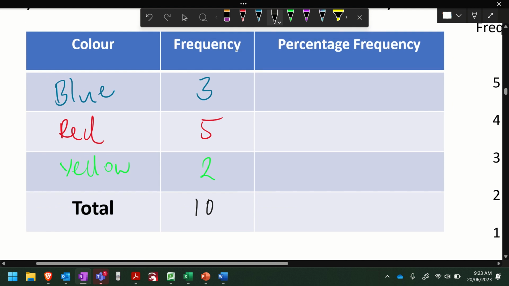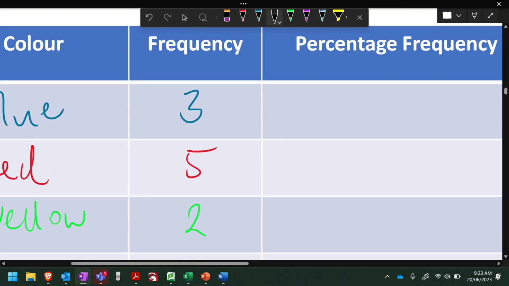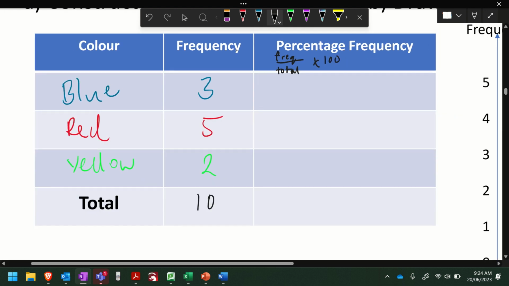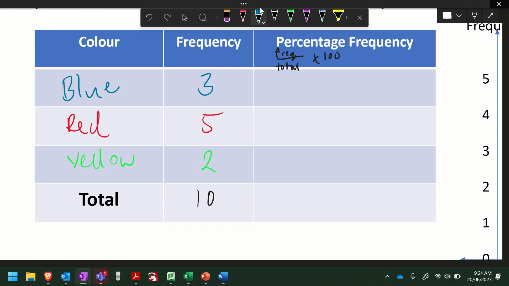Now, with the percentage frequency, you may want to write this as a formula. All you're doing is taking the frequency, and I'll put the formula here for you: the frequency divided by the total, times 100. So that's the formula we're going to use for the percentage frequency. Let's look at blue.